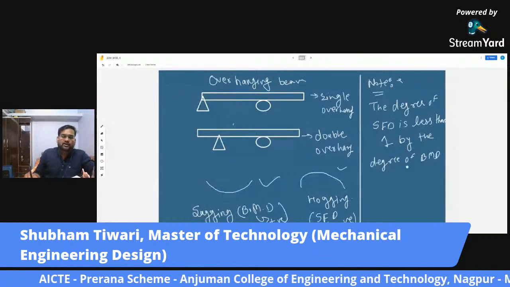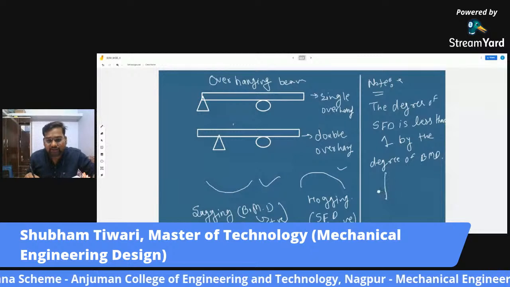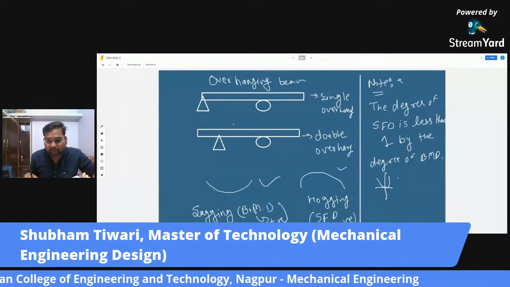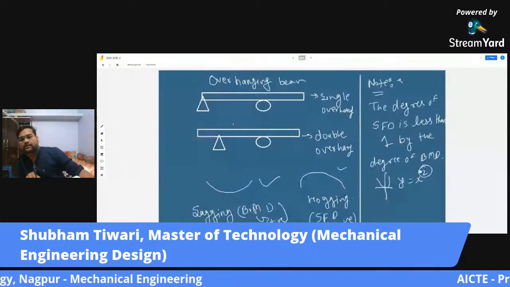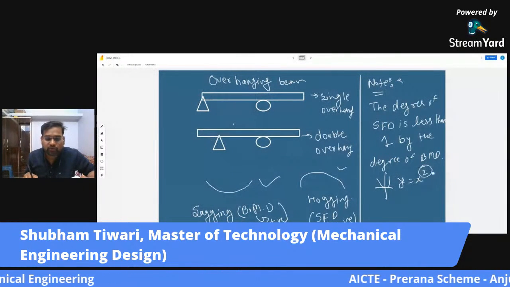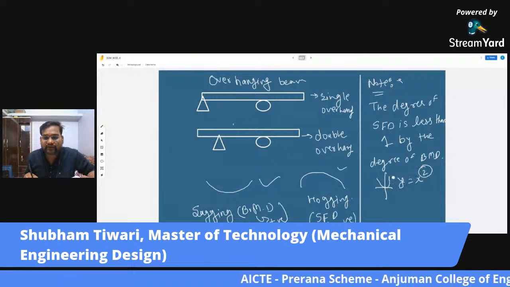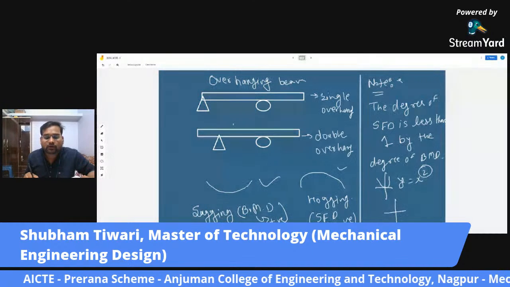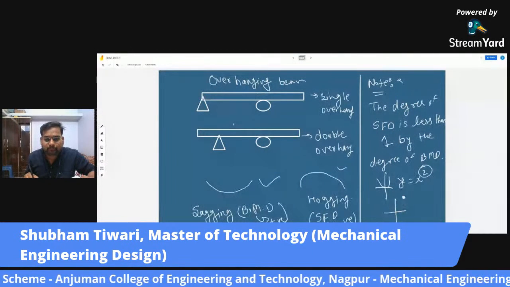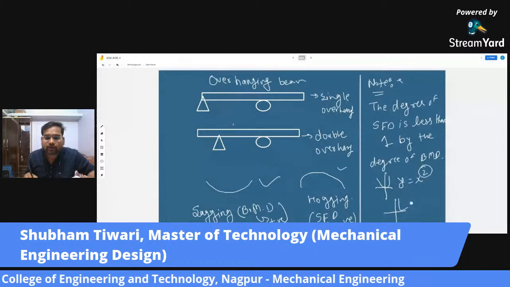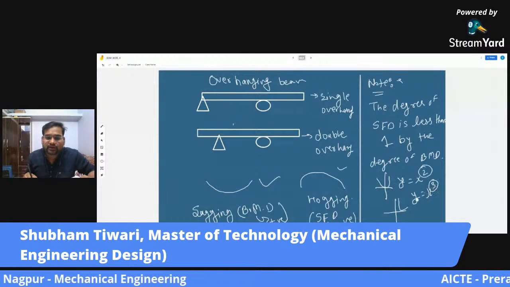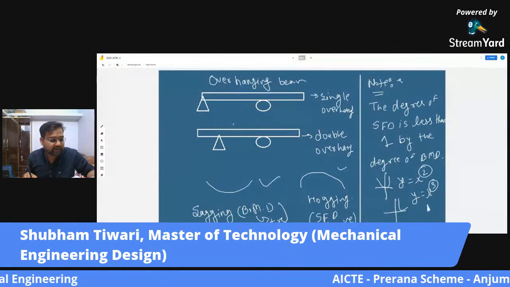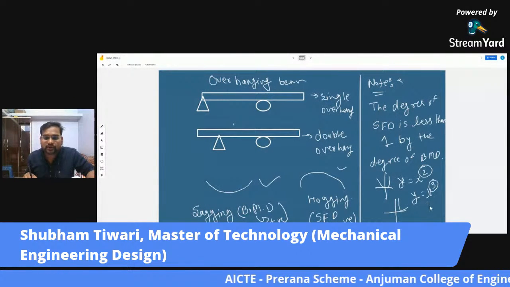Now, what is the degree of a curve? We know that this is a parabola and y equals x squared is its equation. The degree of its equation is 2 because it is the highest power of x. So 2 is the degree of this curve. Then we have a cubic parabola like this, with y equals x cubed. So the degree of this parabola is 3.